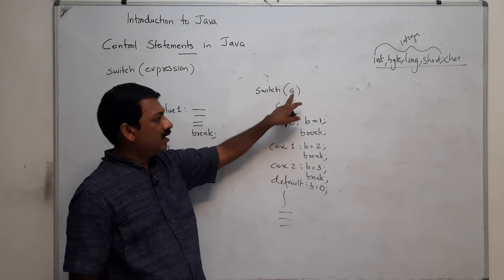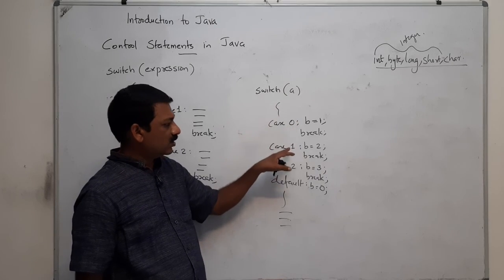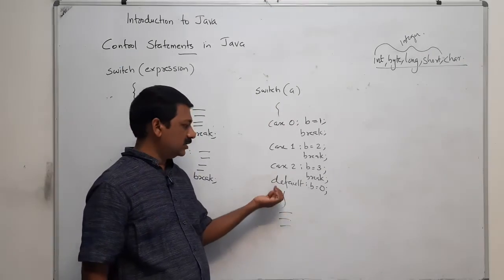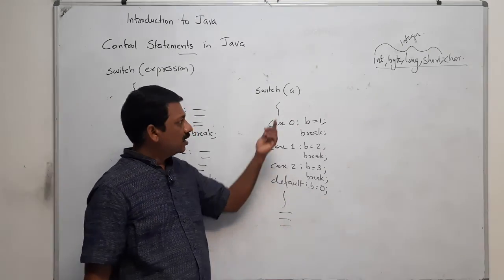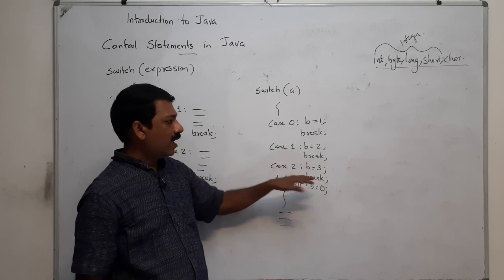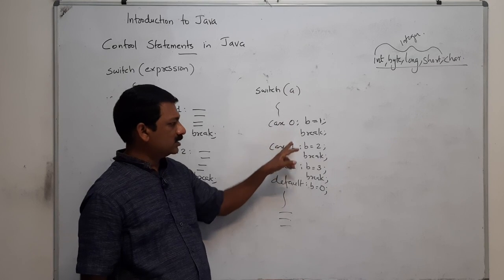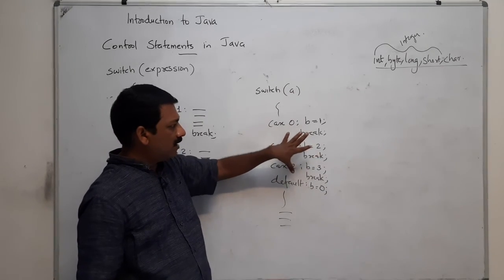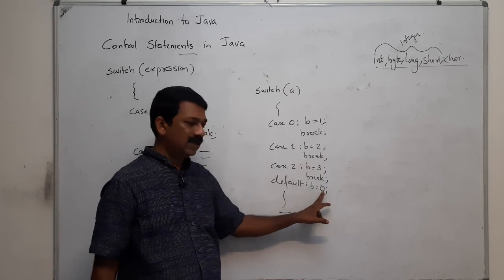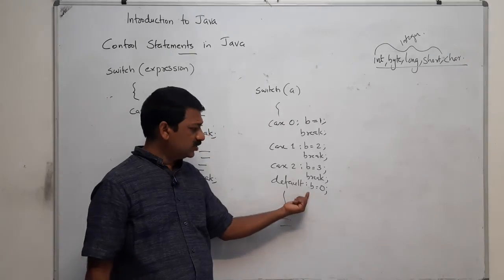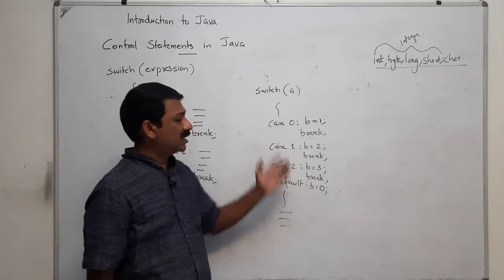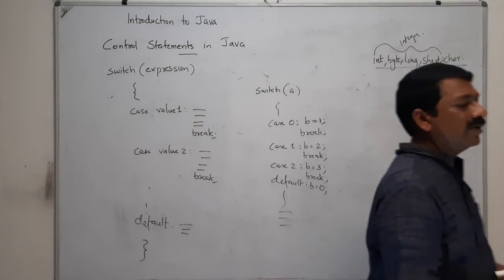And suppose that A is not 0, 1 or 2. For all other cases, that is called default. Default means any value other than 0, 1 or 2, the values not specified here, you will take default and then B is assigned 0. There is no need to have a break statement, because after this we will execute the next statement. And this is an example of switch statements.